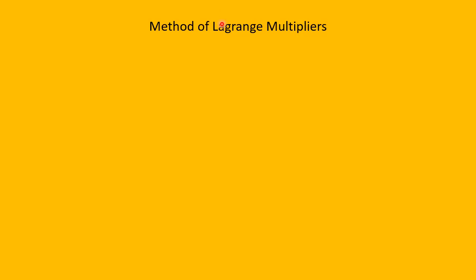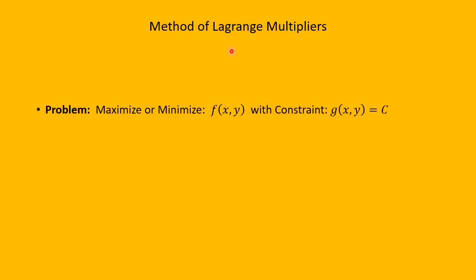So let's look at the method of Lagrange multipliers. How does this method work? Well, first, the problem that we'll look at is to maximize or minimize the function f of x y with constraint g of x y equals some constant. And then the method is to solve this system of equations. This is a vector equation, and this is a scalar equation.